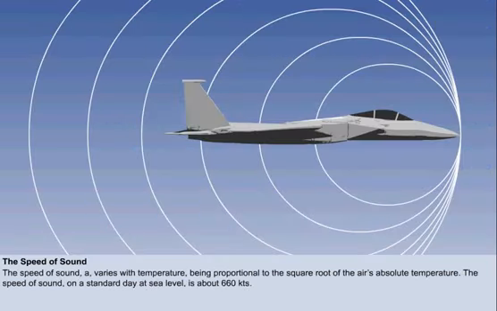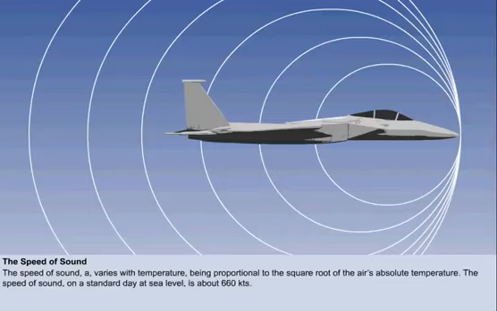The speed of sound, which is symbolized by a lowercase a, varies with temperature. Sound waves are weak pressure waves, which propagate from their source spherically through the atmosphere. The speed at which these sound waves travel is proportional to the square root of the absolute temperature of the air.